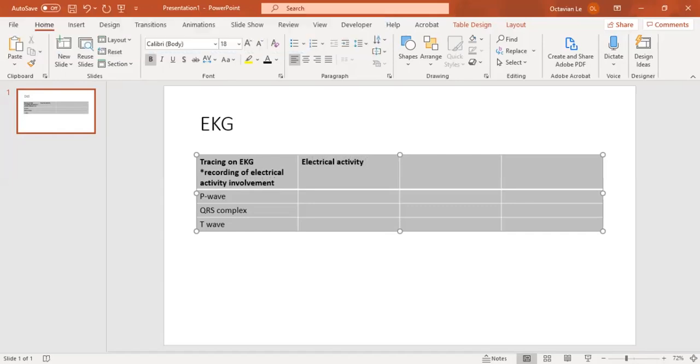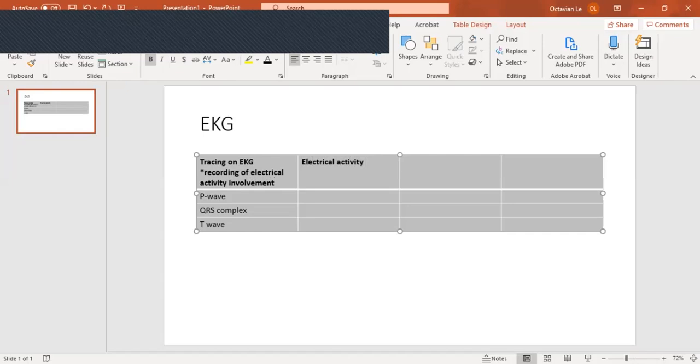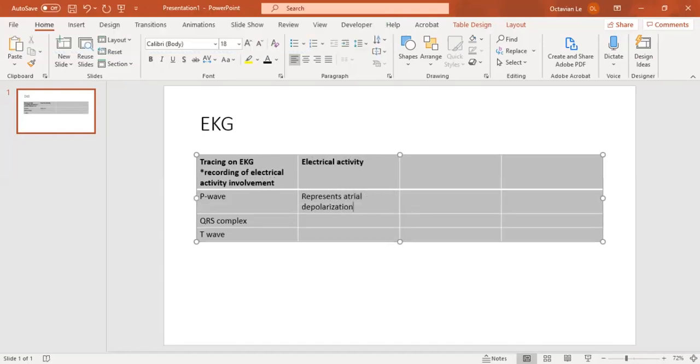So during the P wave, in terms of electrical activity, the P wave represents what's known as atrial depolarization. Now, what that corresponds with is what's known as mechanical activity.